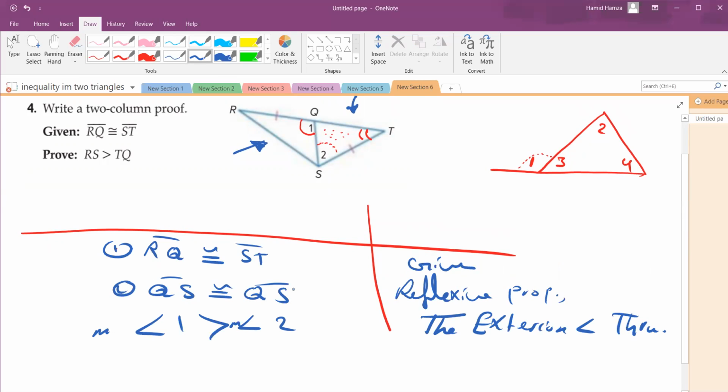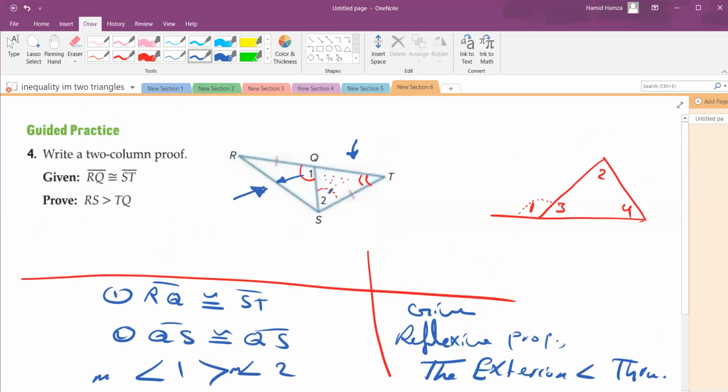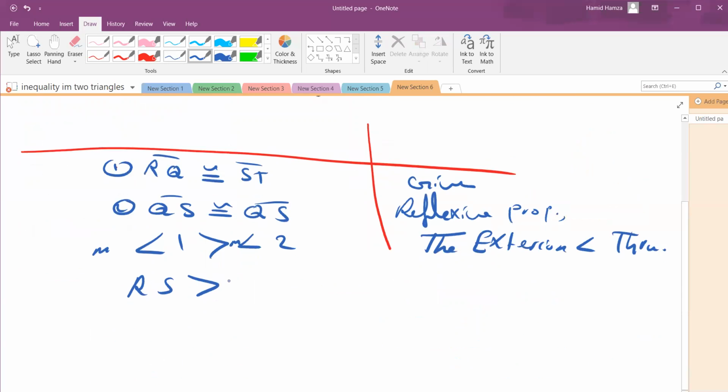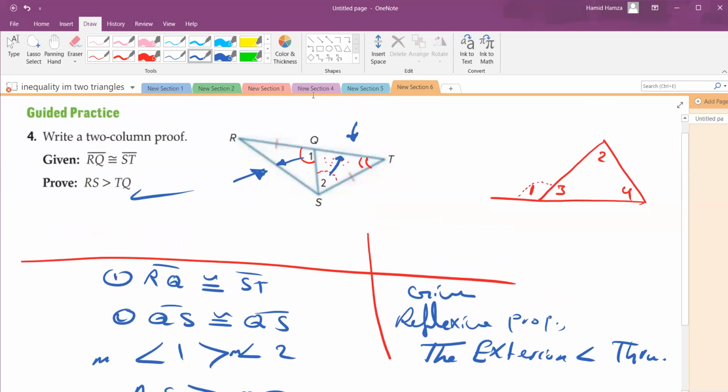Okay, so let's compare between the opposite sides because angle 1 is greater than angle 2. So the side opposite to angle 1, which is RS, will be greater than the side opposite to angle 2, which is QT. And that's it. Okay, guys.